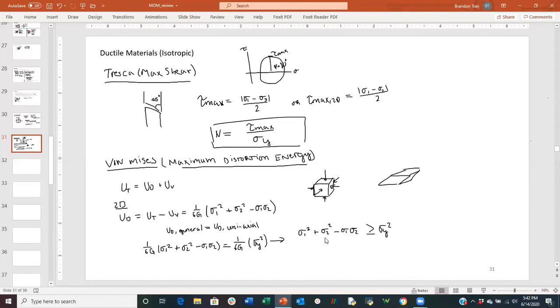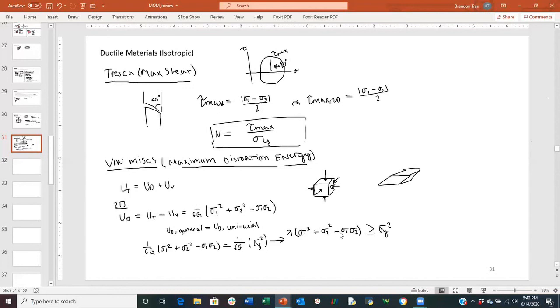Now, how do we determine the safety factor from this? For this criteria to meet failure, the left side must equal the right-hand side. The only way the left-hand side can equal the right-hand side is if there was a multiple safety factor here. We're going to call that lambda.